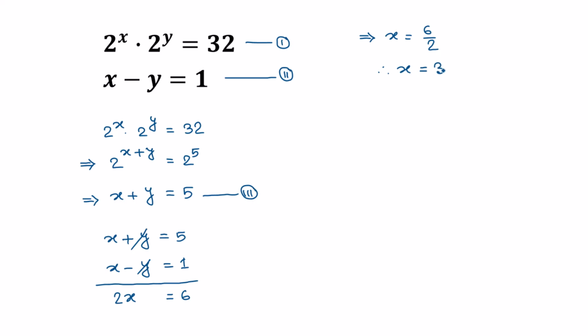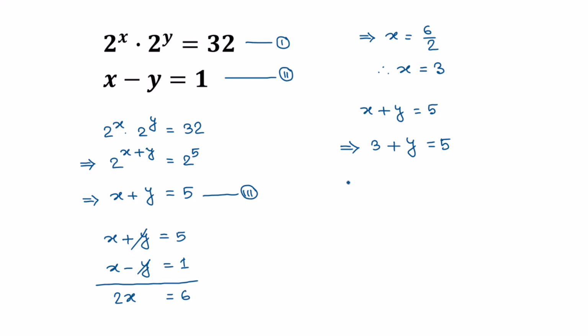Now substituting this value of x in equation 3, we can write x plus y is equal to 5. Now x is equal to 3, so 3 plus y is equal to 5.